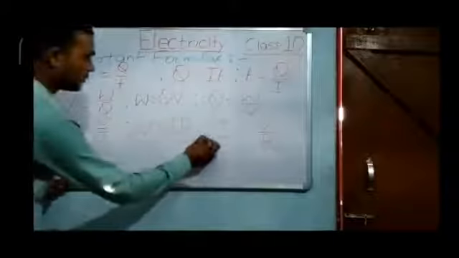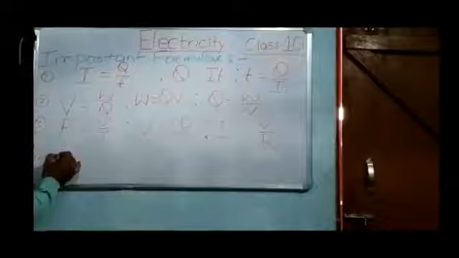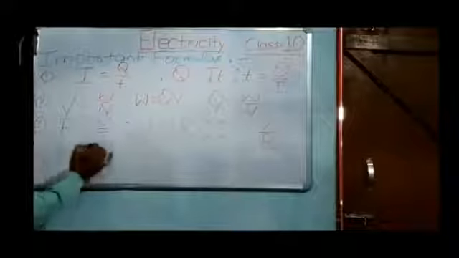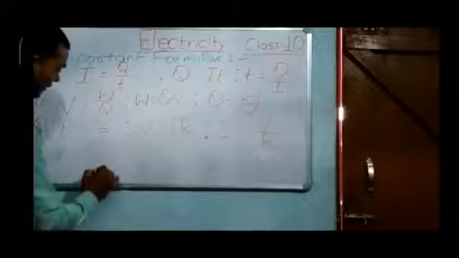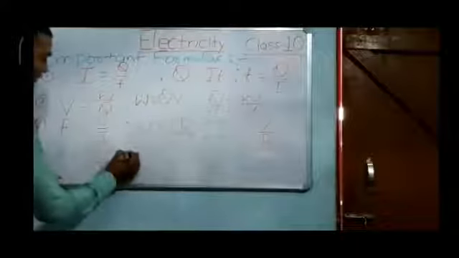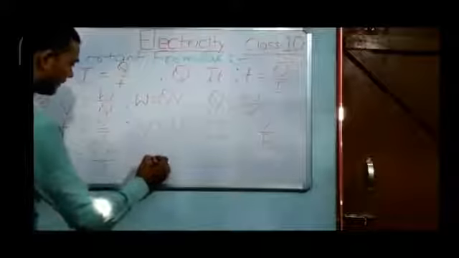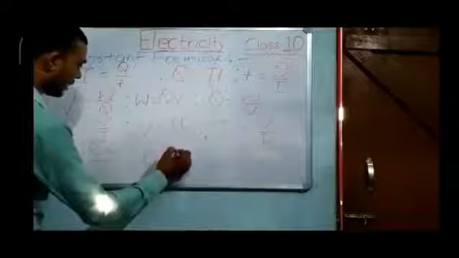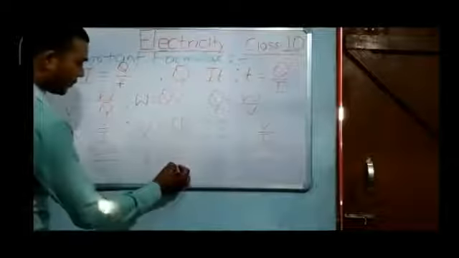Next, fourth is rho equals R into A upon L. Again, L equals R into A upon rho.